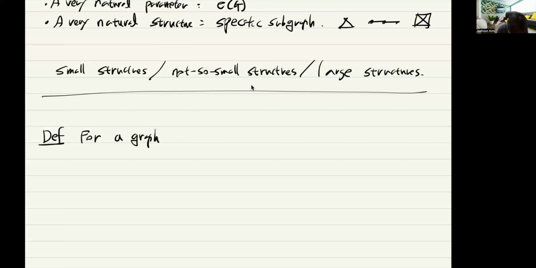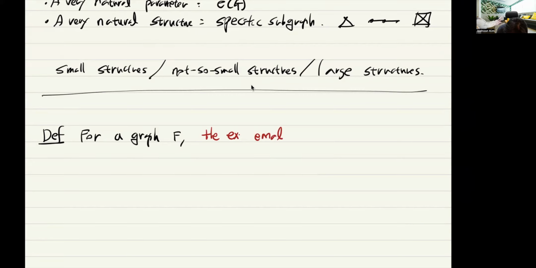For a graph F, we define the extremal number, or it's called Turan number, and we usually write it as ex(n, F).